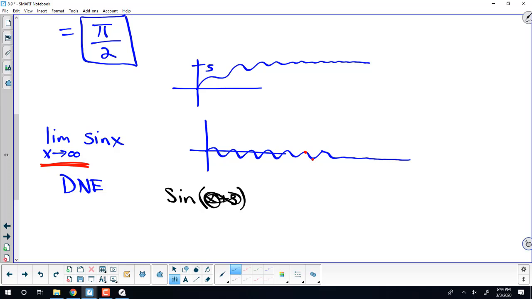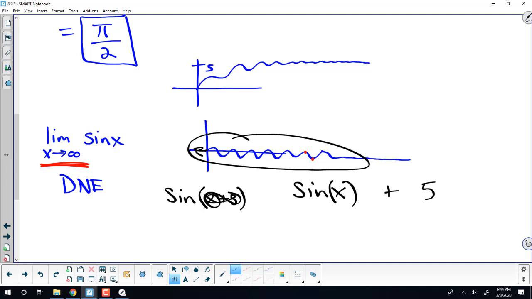Shifting the whole sine function up 5 units doesn't mean it stops oscillating.